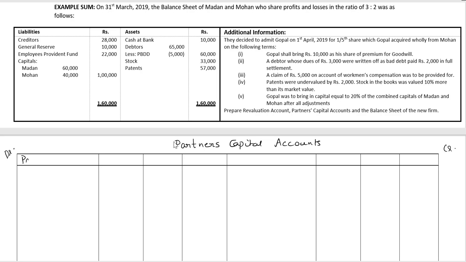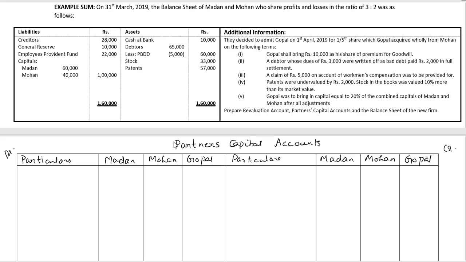We have particulars, a column for Madan, a column for Mohan, and a column for the new partner Gopal. Again on the credit side, particulars, a column for Madan, a column for partner Mohan, and a column for Gopal.